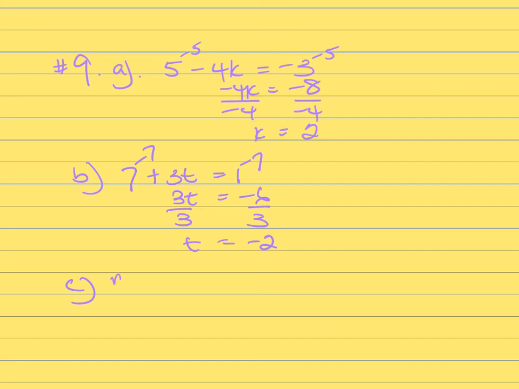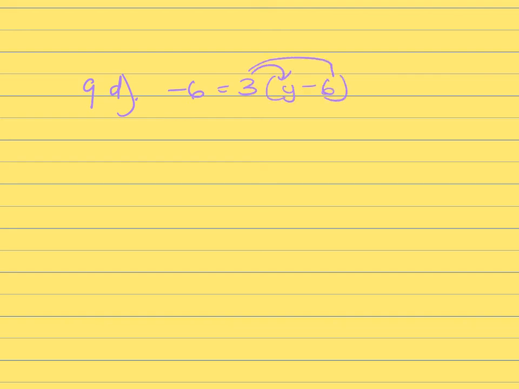C. M over 2 plus 3 equal 8. We minus 3 from both sides. So we get m over 2 is equal to 5. Multiply both sides by 2. M is equal to 10. D. 9 minus 6 is equal to 3 by y minus 6.